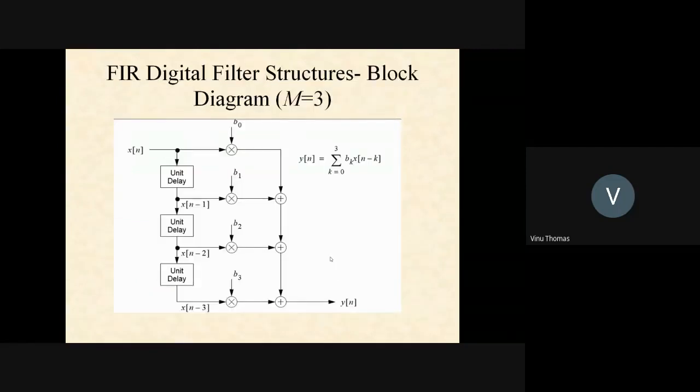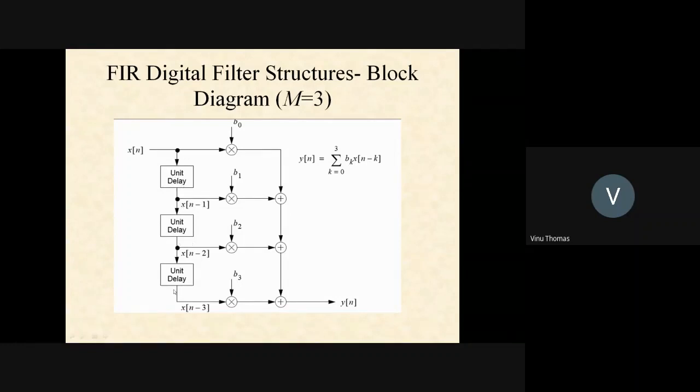The structure is shown here. Here you have x of n. It's delayed, so this will be x of n minus 1. This is again delayed, this is x of n minus 2. This again delayed, so this is x of n minus 3. You know that this in the z domain is z raised to minus 1, so we will just replace this by z raised to minus 1.